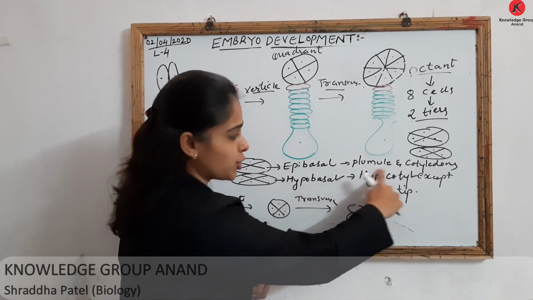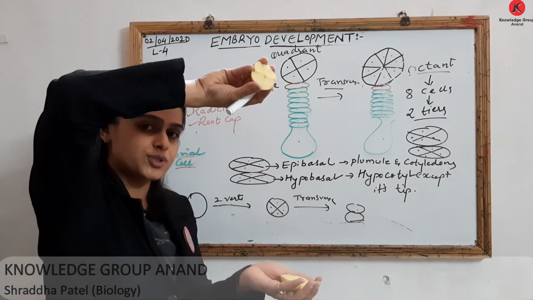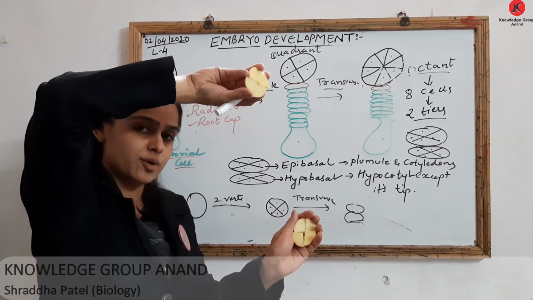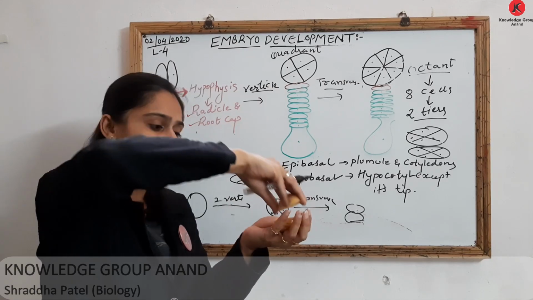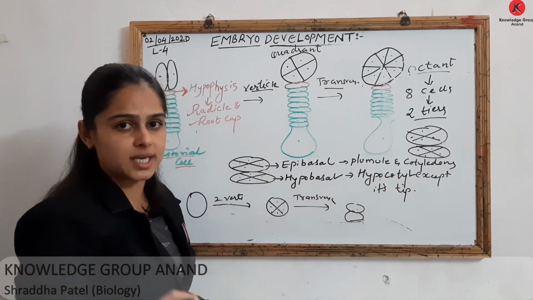The upper one, epibasal, forms your plumule and cotyledon, and the lower one results in formation of your hypocotyl except its tip.